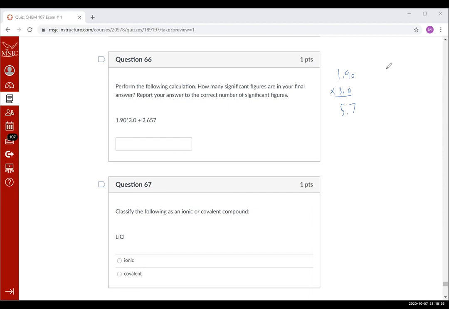Then we add 5.7 with 2.657, and we retain 1 decimal place. And that in turn gives us 8.357 that we round to 8.4. Does this make sense to everyone? Any questions?